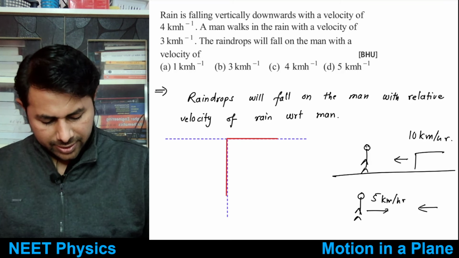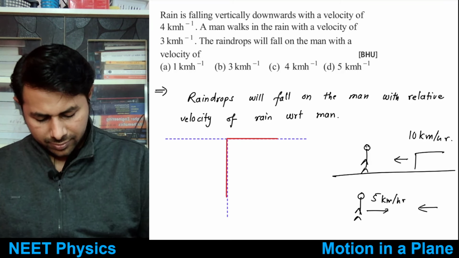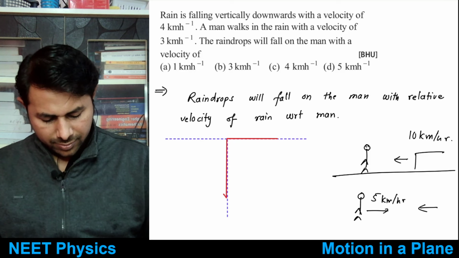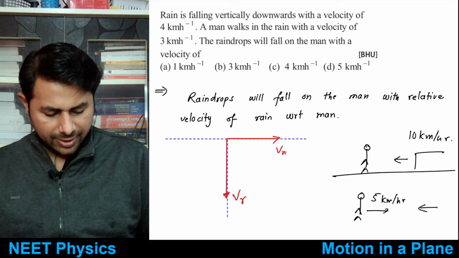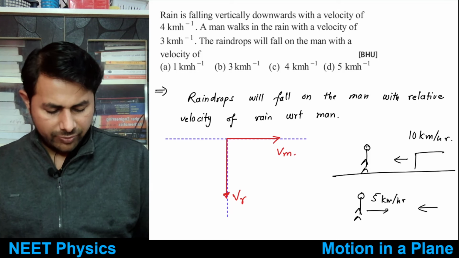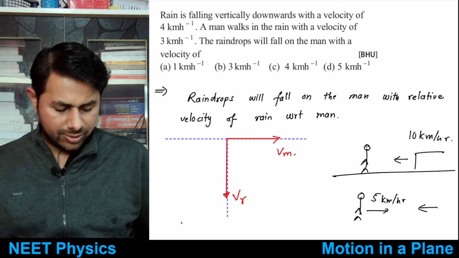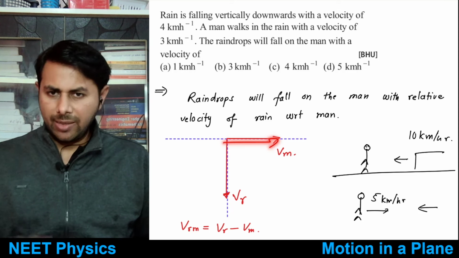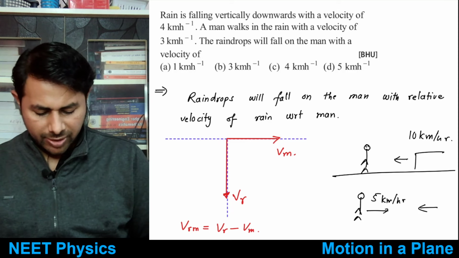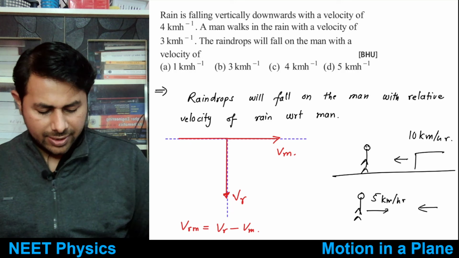Rain is falling like this. So this is velocity of rain, this is velocity of man, and you want velocity of rain with respect to man. So Vrm, that is velocity of rain minus the velocity of man. So if this is Vm, what will be minus velocity of man? It will be directed like this.